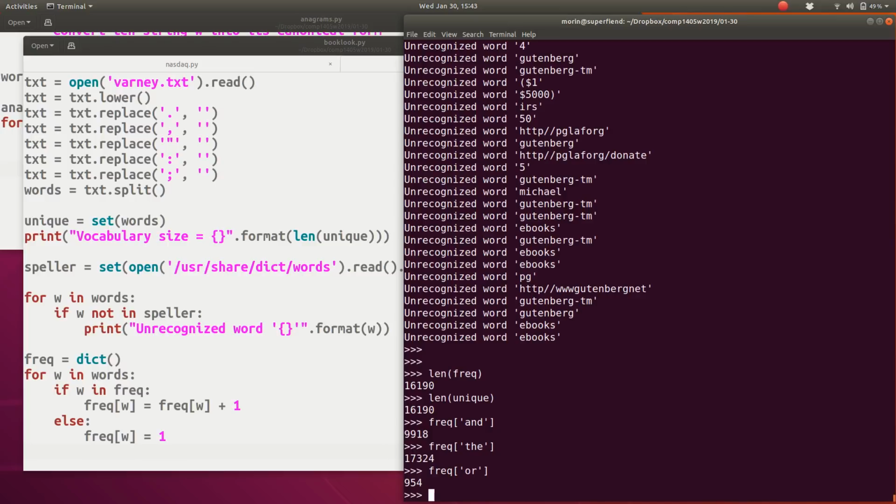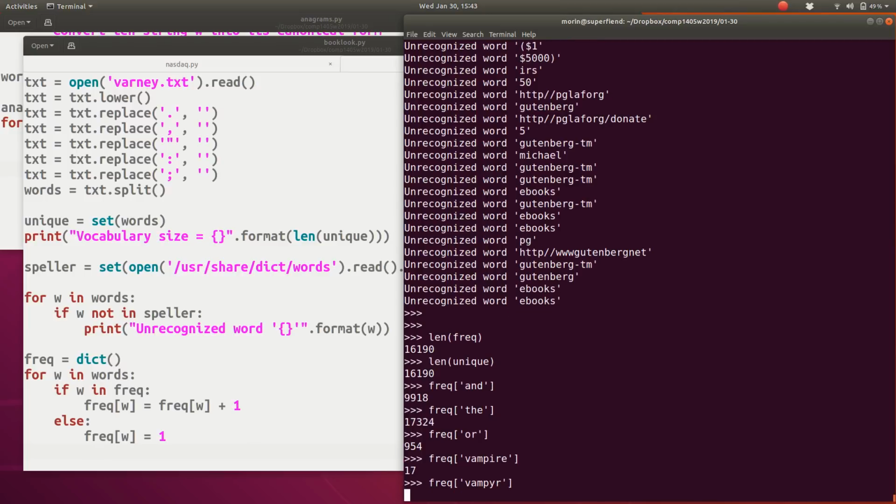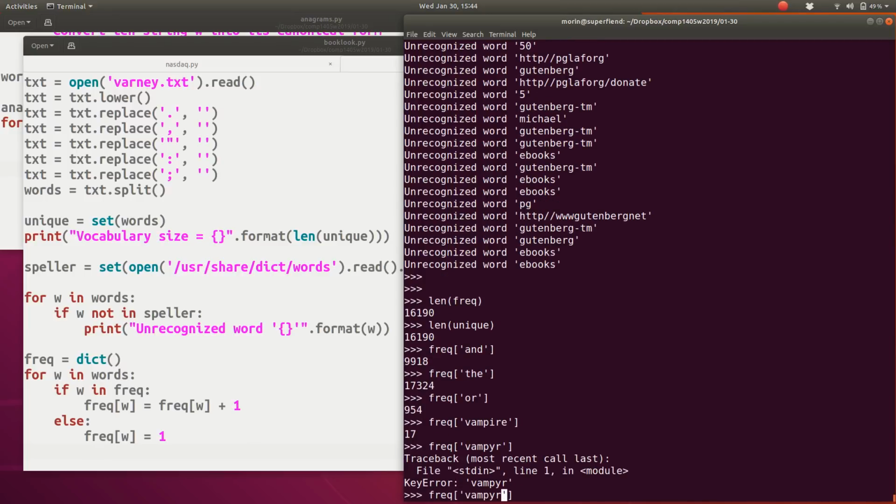What else might be a really frequently occurring word? Maybe even more than the. Let's see how often vampire appears. 17 times. Is there maybe another spelling? Nope.